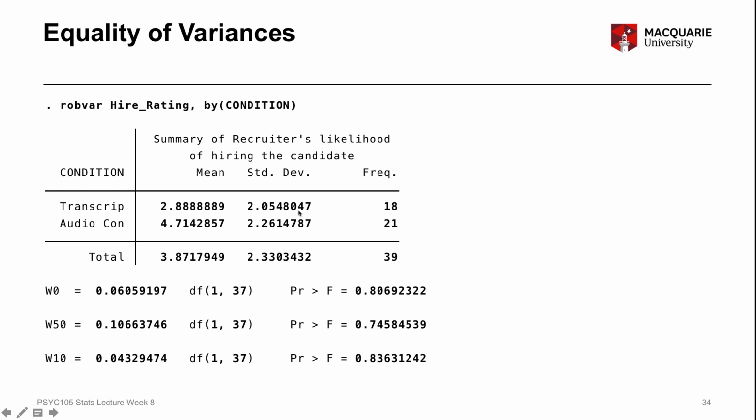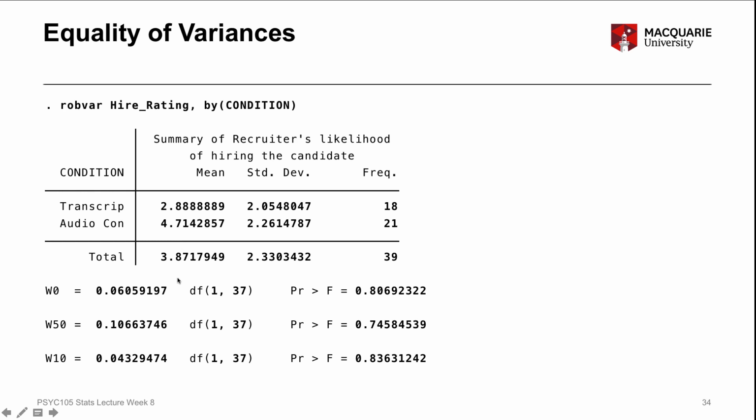So what we're testing here is that the variation, which is represented by the standard deviation of scores, is approximately the same between the two groups. So you can see just by looking at the numbers that there is a slightly lower standard deviation in the transcript condition, a standard deviation of 2.0, and a slightly higher standard deviation in the audio condition, 2.26, but it's a very, very small difference.